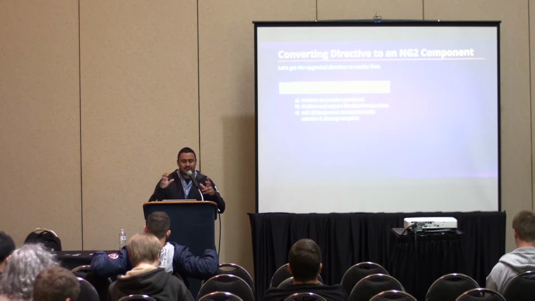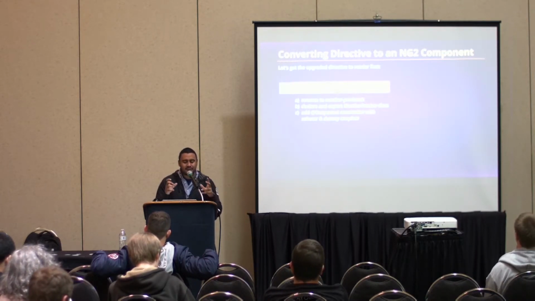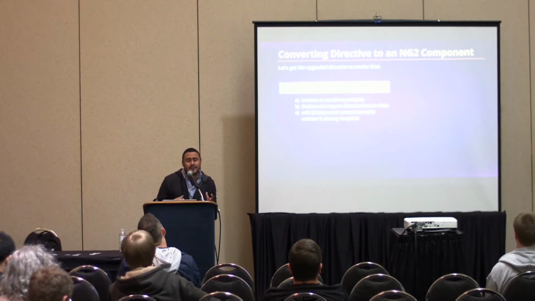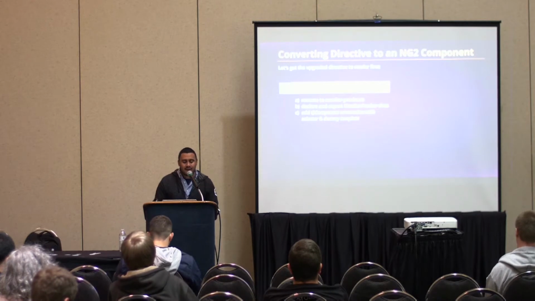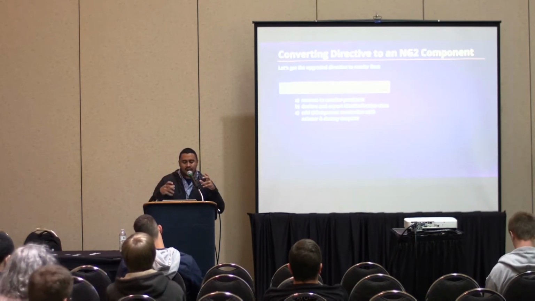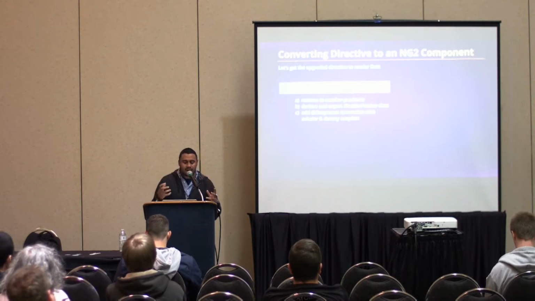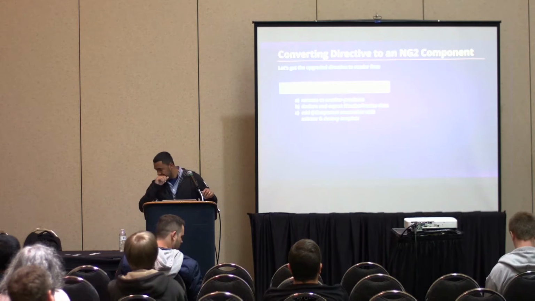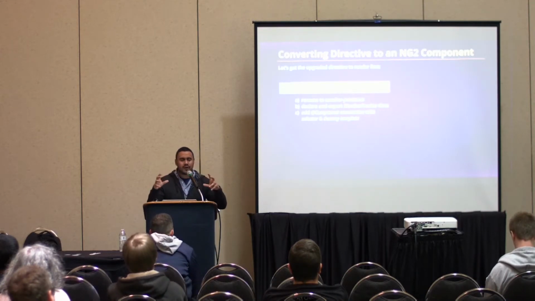So we'll be renaming the weather-preview file from .js to .ts. Again, this will help us keep track of what has been upgraded and what has not. Then we'll go ahead and add the component annotation to it, and let's just get it to run. Let's just get it to say, hello from Angular 2.